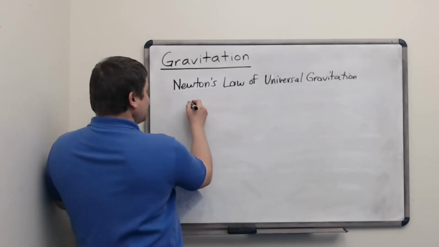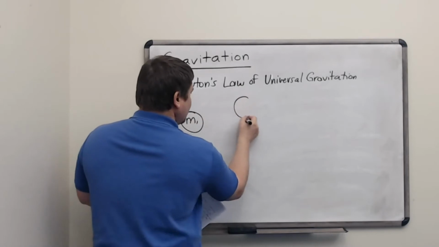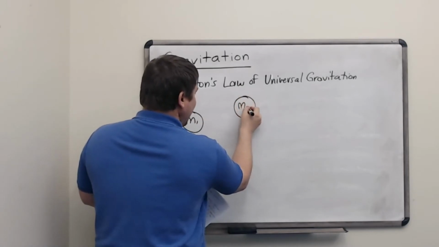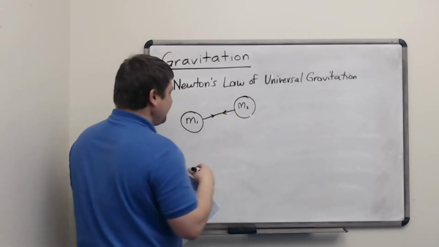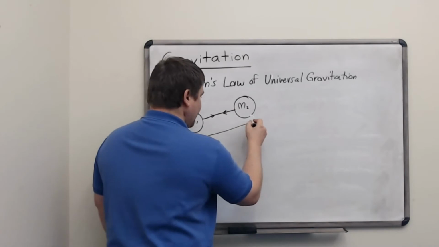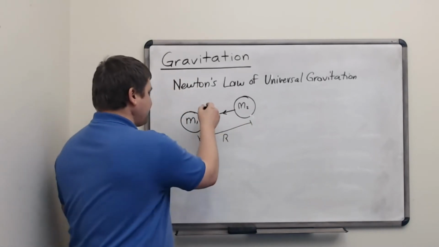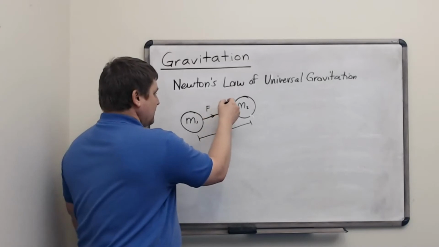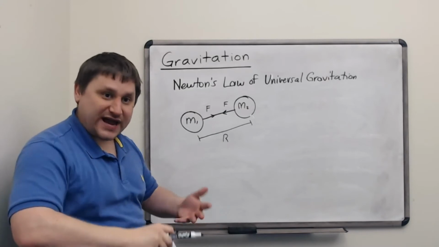Newton's law of universal gravitation proposes that between every pair of objects in the entire universe, independent of what they are or what they're made of, there exists a force of attraction. Newton called this force the force of gravity, or weight.